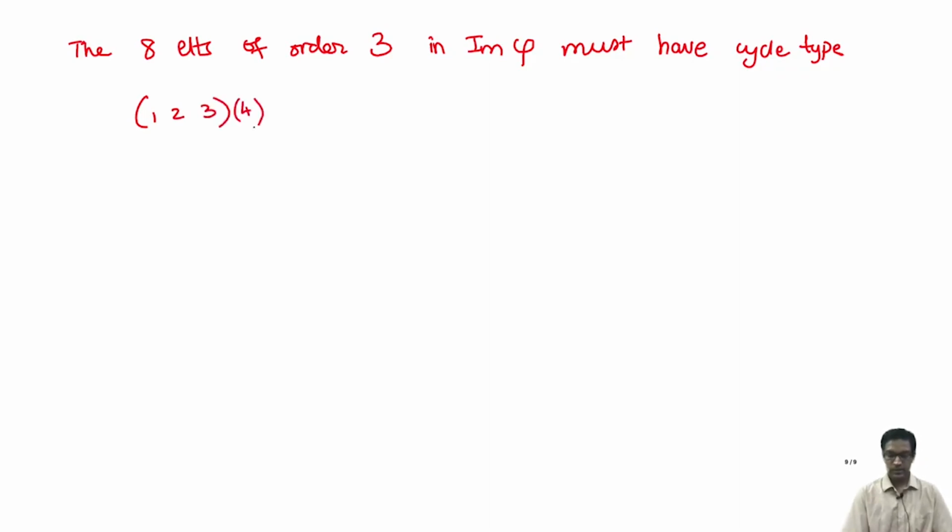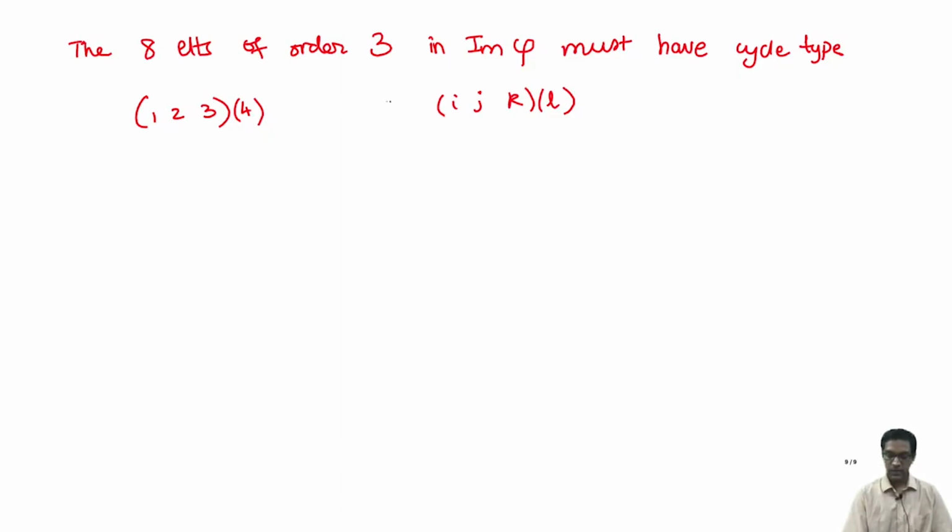Okay, so in other words, every one of these 8 elements looks like some 3-cycle (I J K), with L fixed, where I, J, K, L are 1, 2, 3, 4 in some order. So this is the form that every one of these 8 elements has.